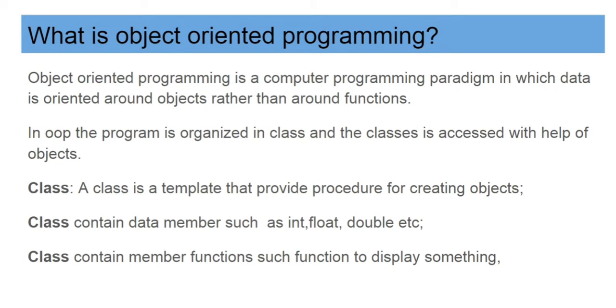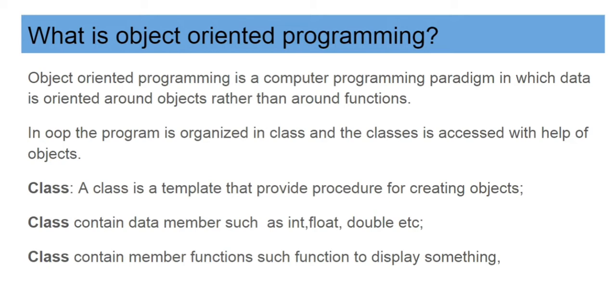For example, if I have a students class, that class must contain the data about the students. So around the objects, the data is oriented. We will explore how data is oriented around the objects in this tutorial.